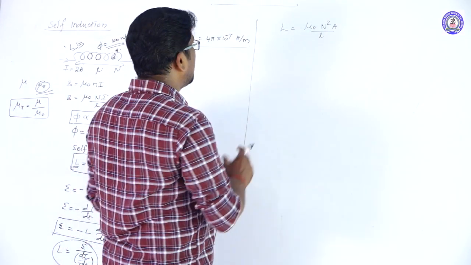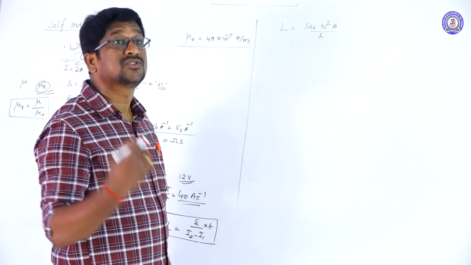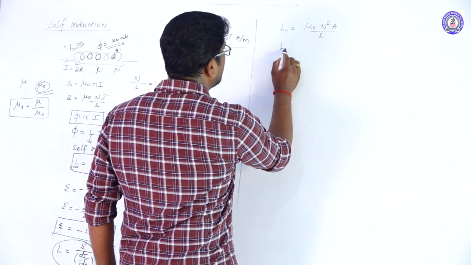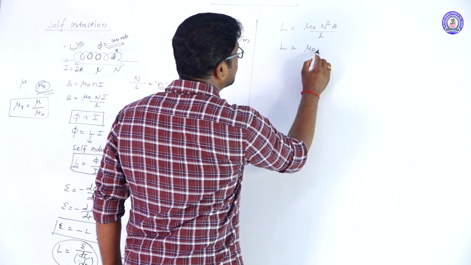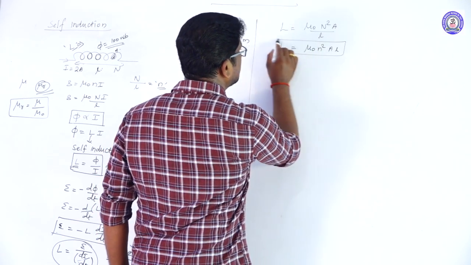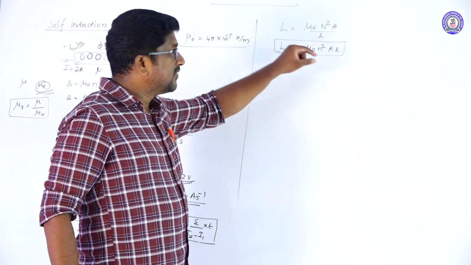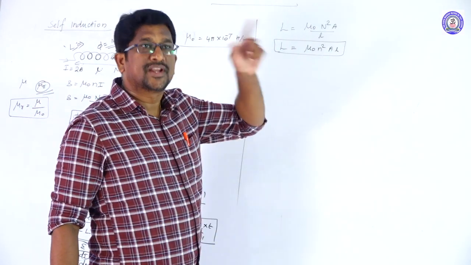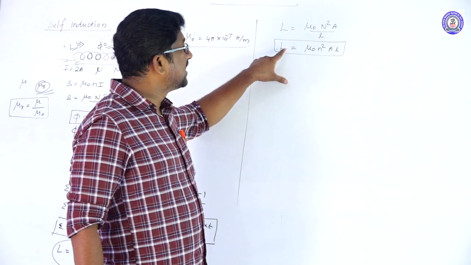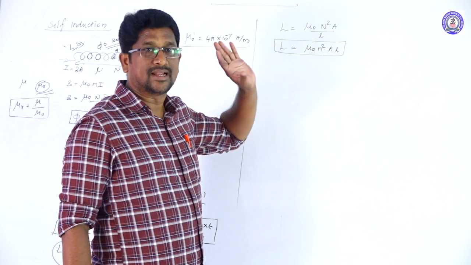And the self-inductance of the long solenoid in terms of number of turns per unit length is given by L is equal to mu naught small n square into A into l. If the given value is number of turns per unit length, then the self-inductance of the solenoid is given by L is equal to mu naught n square A l.